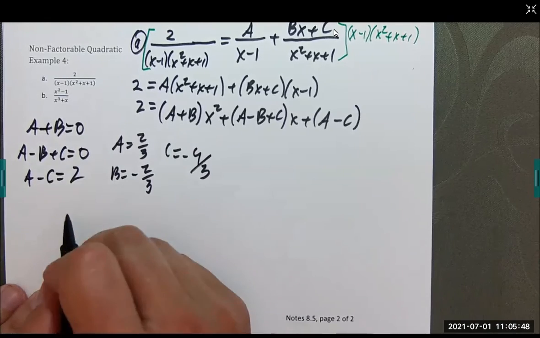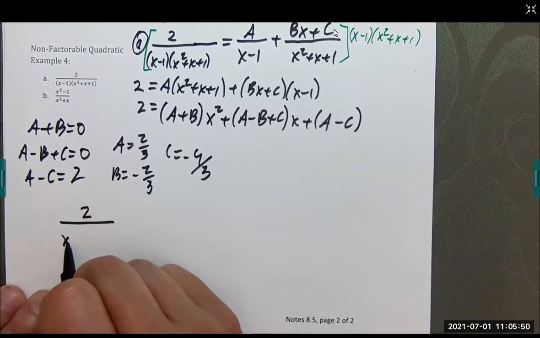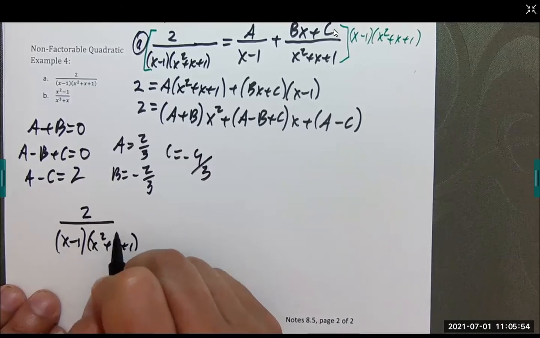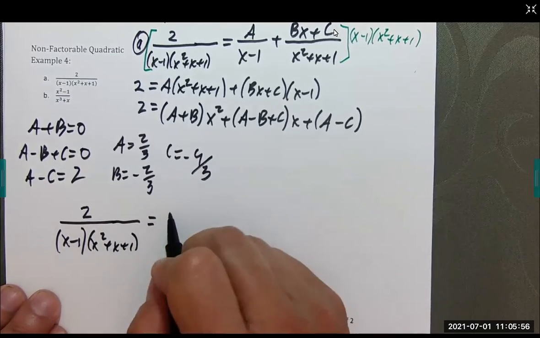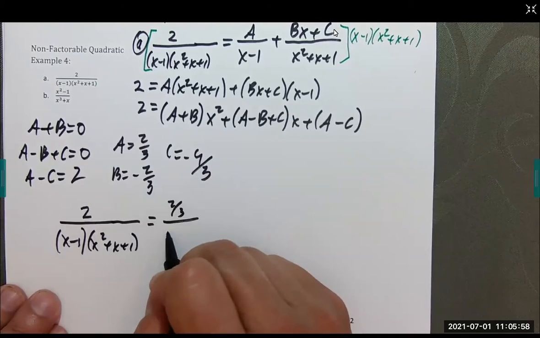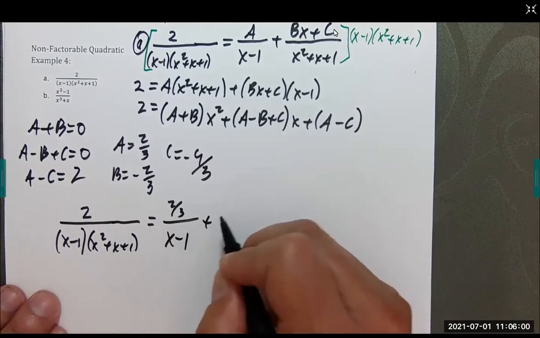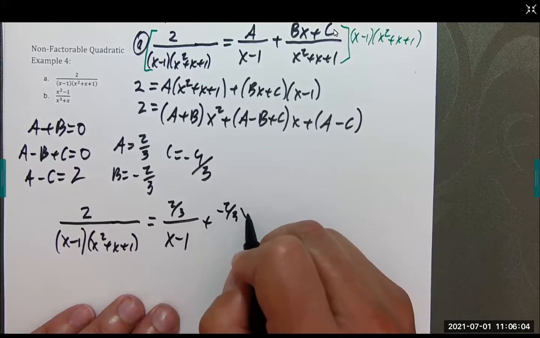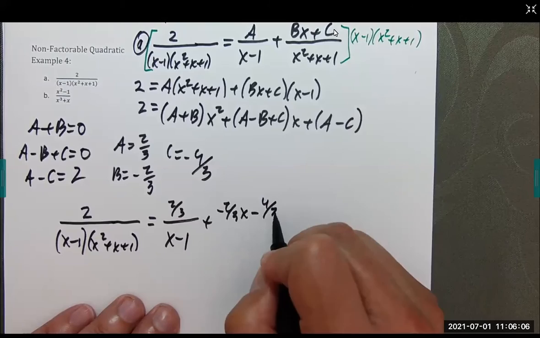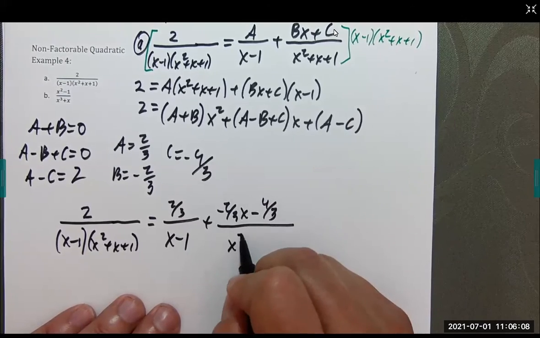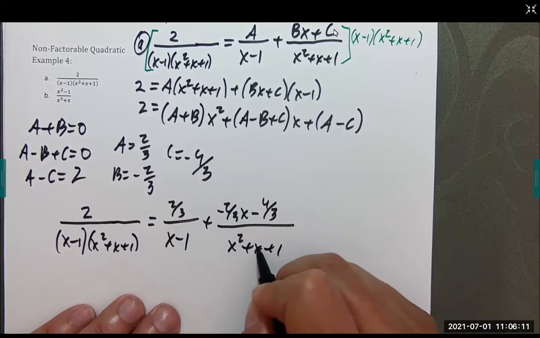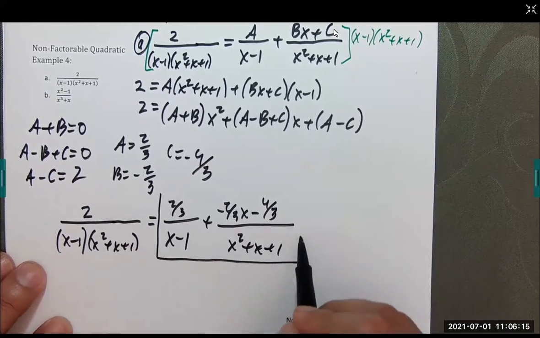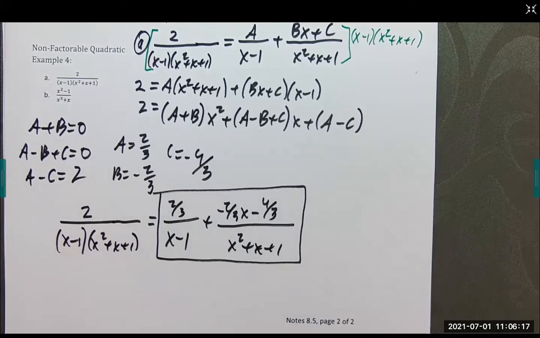So what that tells us is that 2 over x minus 1, x squared plus x plus 1, equals 2/3 over x minus 1 plus -2/3 x minus 4/3 over x squared plus x plus 1. So there you have it. Cool stuff.